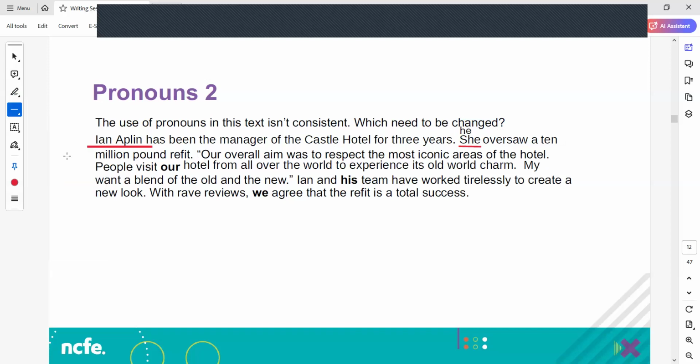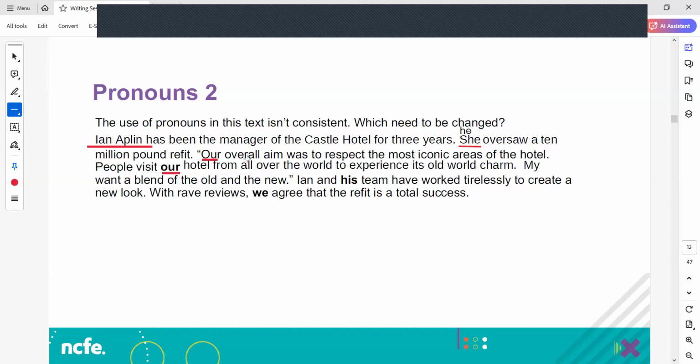Our overall aim, so we've got R there, so it's talking about the hotel staff, management, and so on. So that's correct. Our overall aim was to respect the most iconic areas of the hotel. People visit our hotel. So is that correct? That's the next pronoun? Yeah.